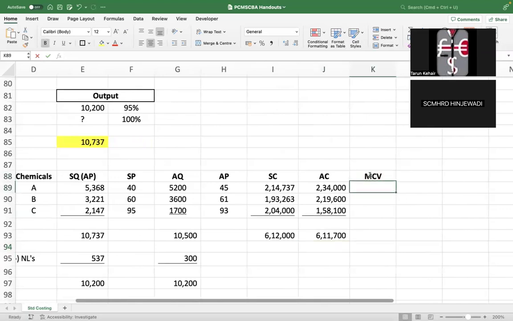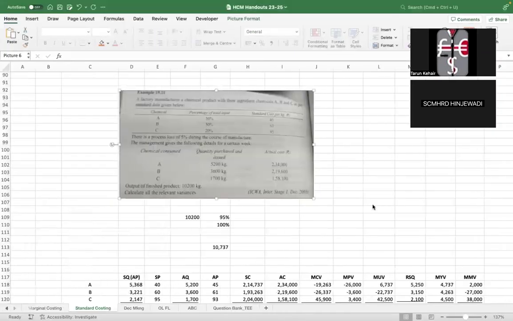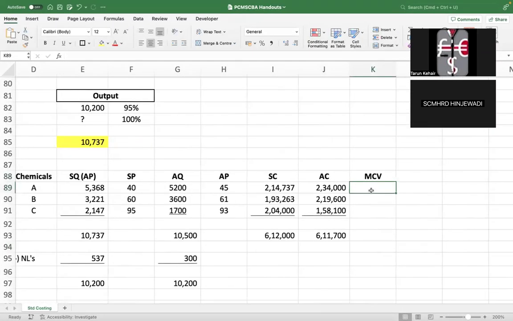So we can get our material cost variance. Our material cost variance is standard cost minus actual cost, which is just 300 rupees, and that is favorable because my actual cost is lower than my standard cost.